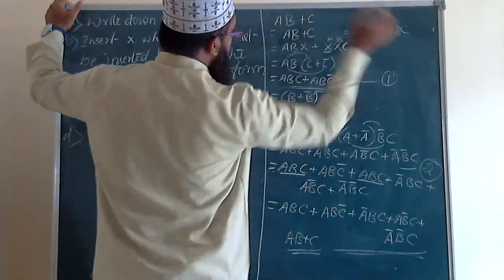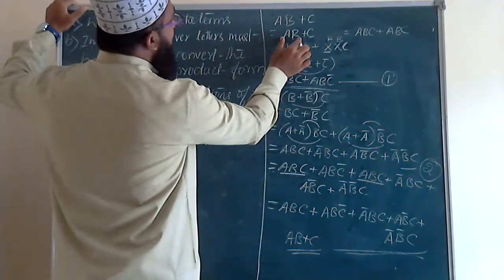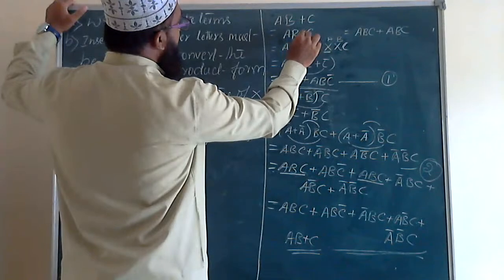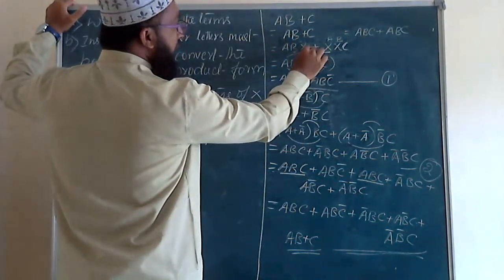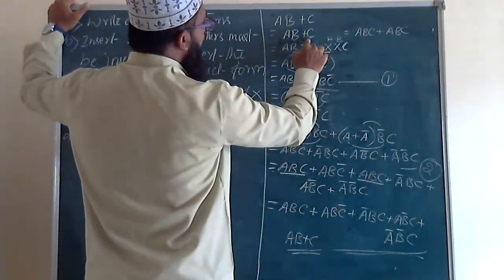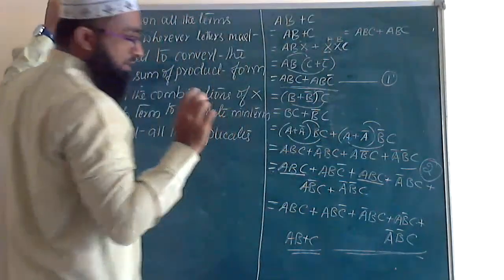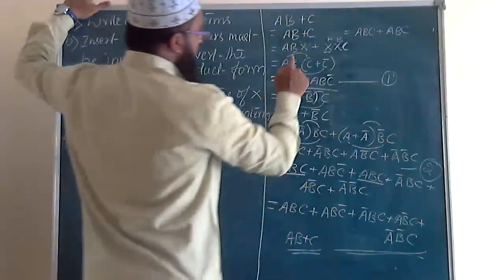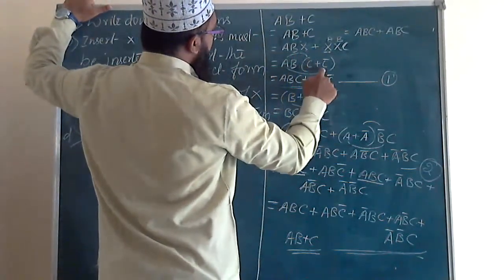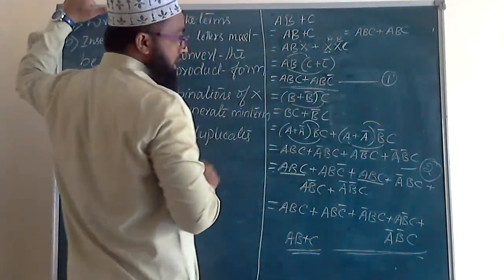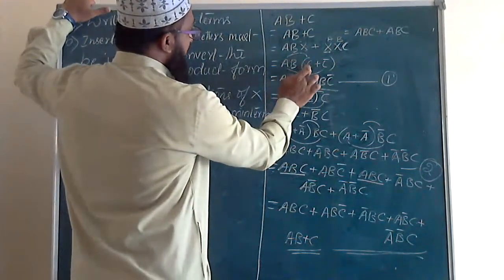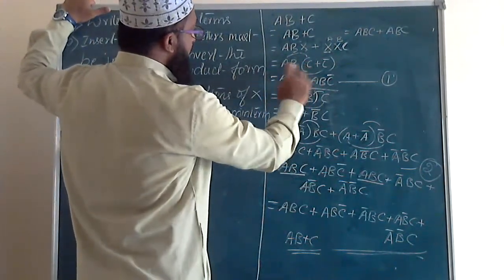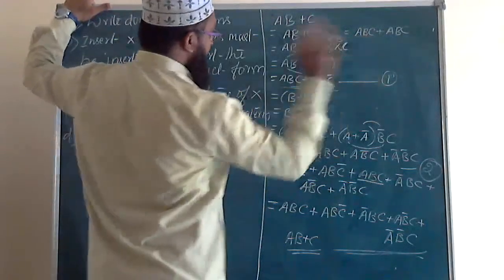In place of missing terms, here C is missing, so I have put x here. Here A and B are missing, so I have put x. According to our first method, here C is missing, so multiply by C plus C bar. Then expand: AB into C, then AB into C bar. Take this as 1.